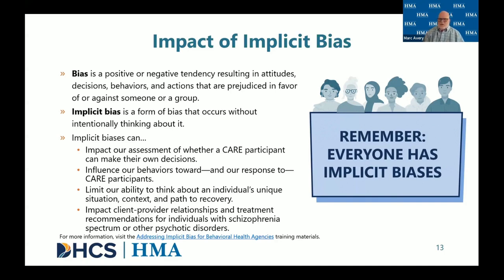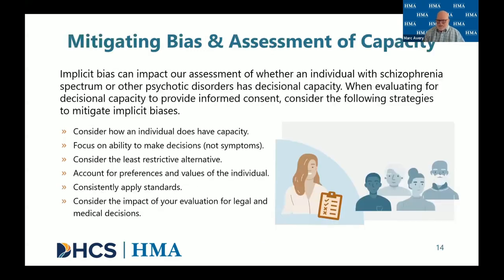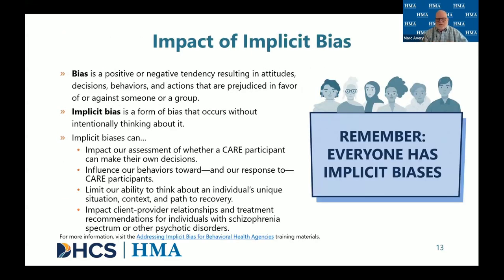But let's talk a little bit about it here, just a couple slides. What is bias in the first place? Bias is a positive or negative tendency resulting in attitudes, decisions, behaviors, or actions that are prejudged in favor or against something. That's the concept of bias.